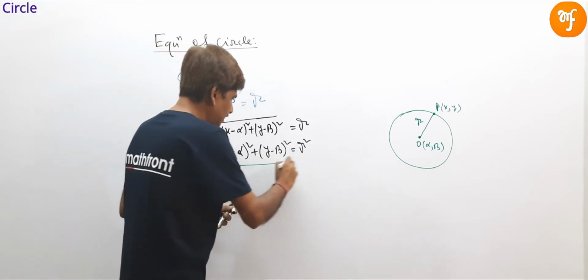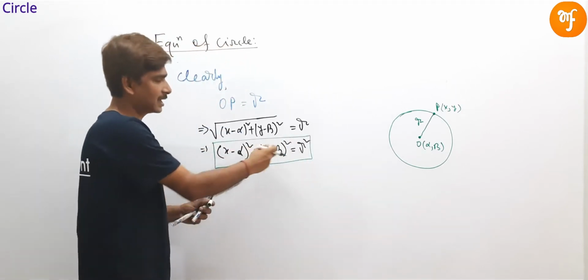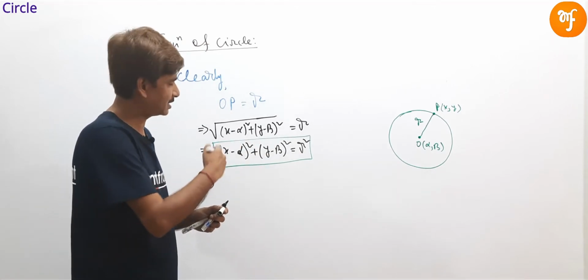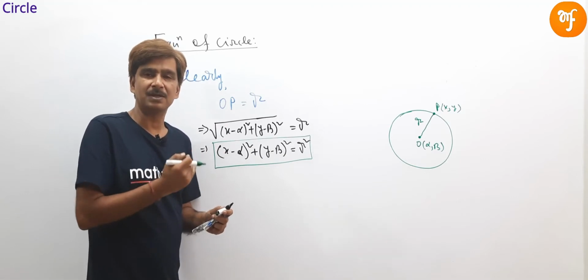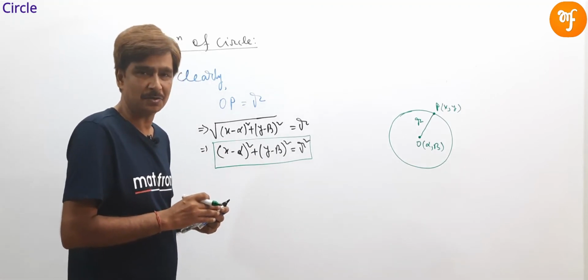So the equation of circle whose center is at alpha comma beta and radius is r can be represented as x minus alpha whole square plus y minus beta whole square is equal to r square.